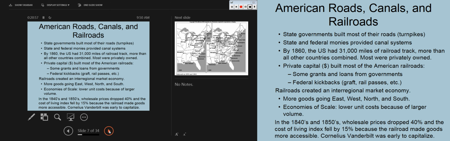There is a lot of rural land that people want developed in the east, and the way to do that is to lay down these tracks. And guys like Vanderbilt are going to take advantage of it and interconnect cities like New York and Chicago, and also smaller northern cities throughout.